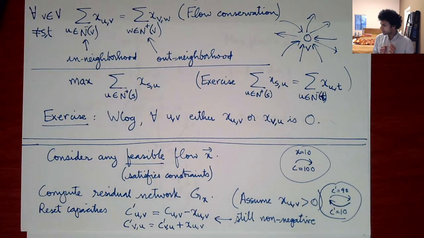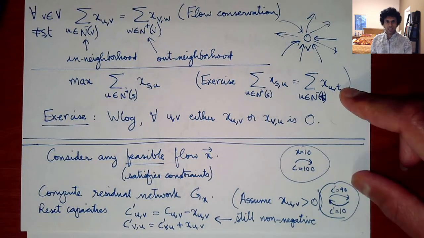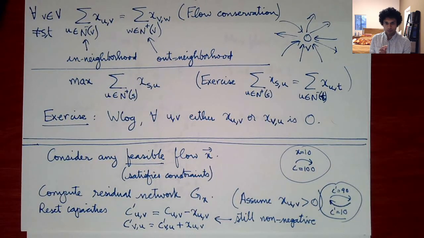Does that make sense? I think the problem with particles in the system is that they always add up. They don't cancel each other out. But with flow, you think of it as flow going from U to V, and flow going from V to U can cancel each other out.